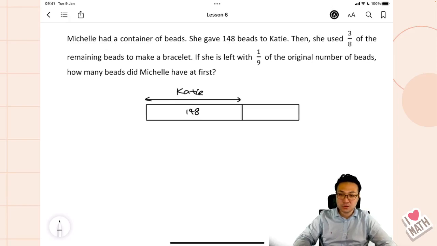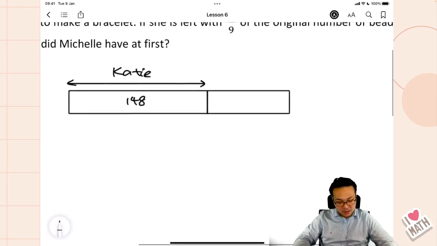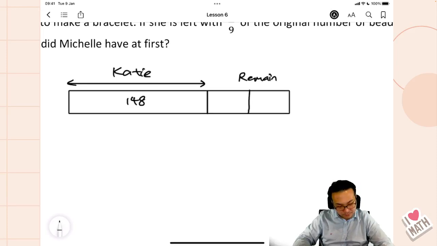Then she used 3 out of 8 of the remaining beads to make a bracelet. Okay. So this is the remaining, right? So 3 out of 8. That means I must split this into 8 parts. So 3 out of 8 of the remaining.